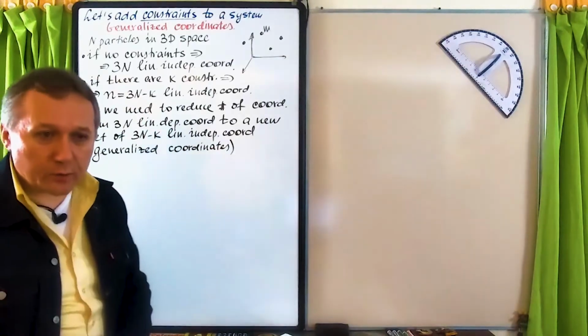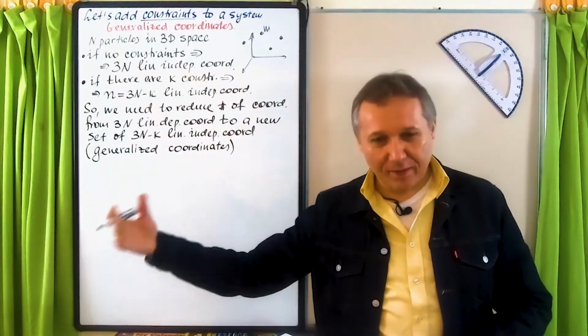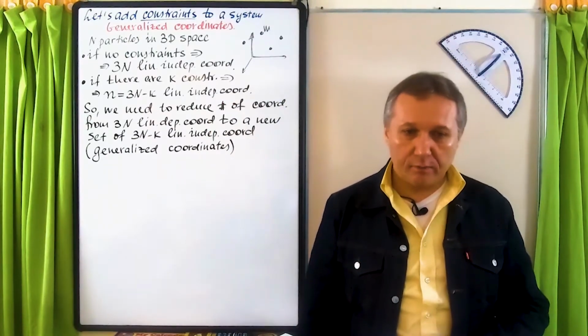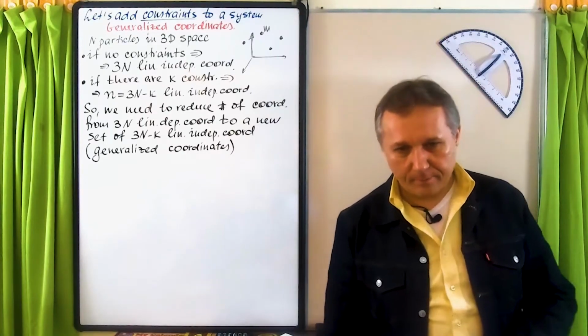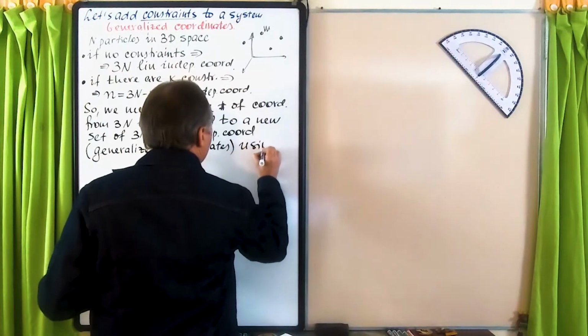And in order to make this transition from the old set of linearly dependent to a new set of linearly independent coordinates, every time we will have to write what are called transformation equations, using transformation equations.